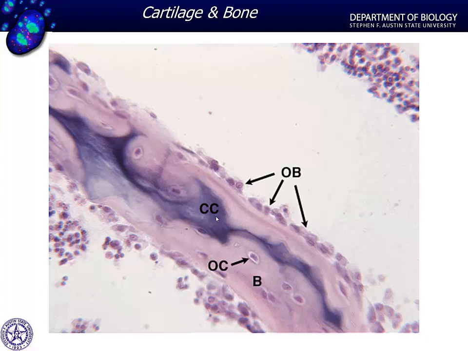Some people refer to it as primary bone. As cartilage becomes calcified, that cartilaginous matrix that's much more dense in the chondroitin sulfate proteoglycans is going to stain that more basophilic color. And that calcified cartilage is going to be replaced with our secondary bone, and you can see this here.